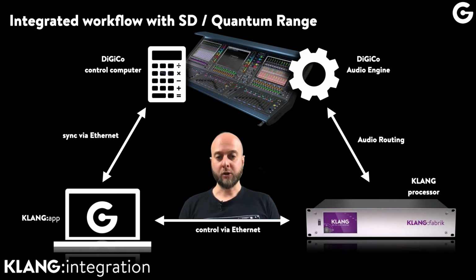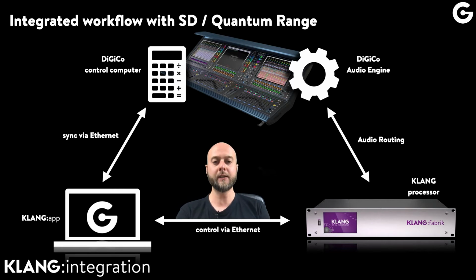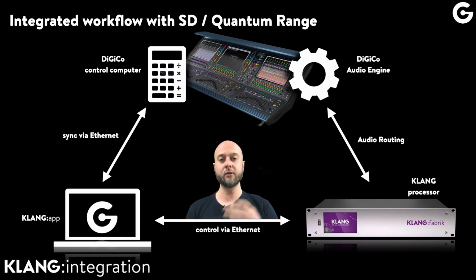So let's talk about the structure behind all that. A DiGiCo console is basically internally consisting of two major parts. The DiGiCo control computer, which takes care of the surface, so making all the faders and rotaries as well as the touchscreens work and do something.